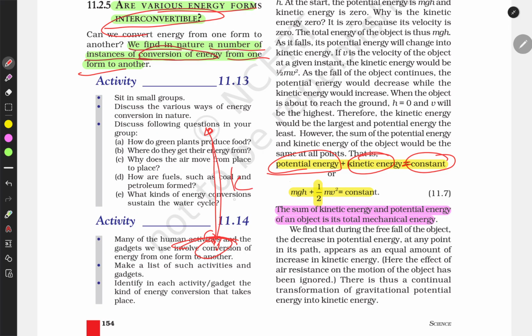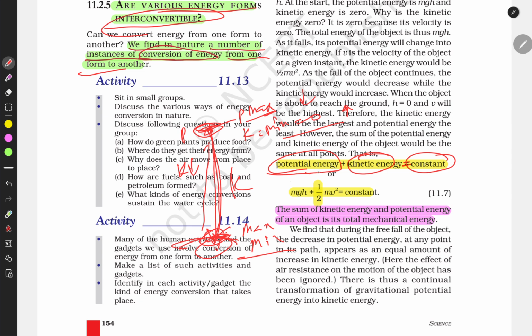Its kinetic energy is highest and potential energy is zero at the start, and slowly it slows down: kinetic energy decreases and potential energy increases. At the top, the potential energy is maximum and kinetic energy is minimum, almost zero. Then it falls down in free fall under gravity. Its potential energy again decreases and its kinetic energy again increases, and at the bottom its kinetic energy is maximum and potential energy is minimum.